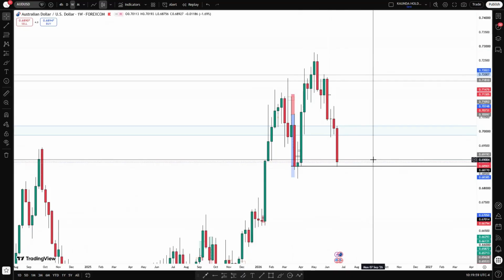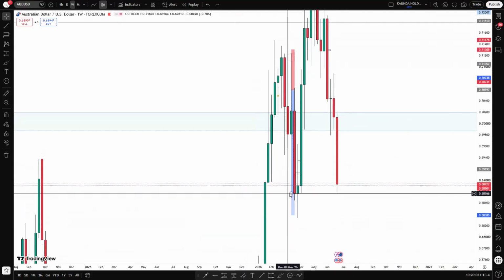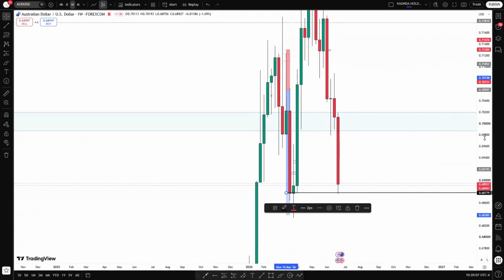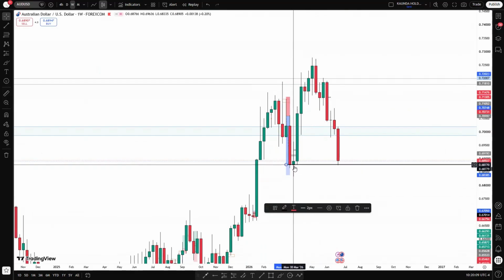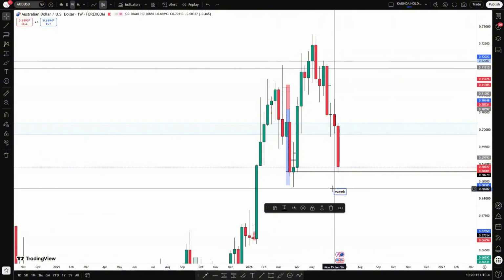But what ended up happening was price resisted on the daily weekly time frame here. We failed to break below. So this means that the weekly time frame is still bullish. That's what this means.